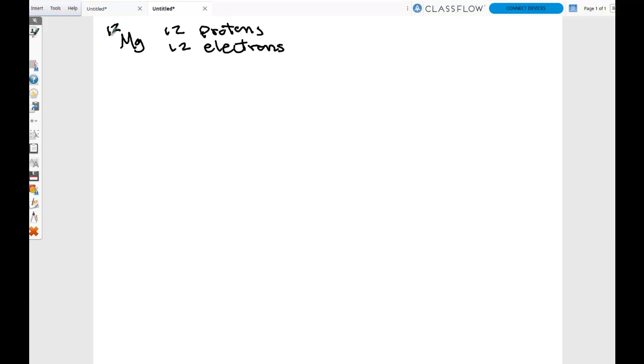The atomic number for magnesium, Mg, is 12. That means that it has 12 protons and 12 electrons. So what we are interested in is the 12 electrons. Where are they?